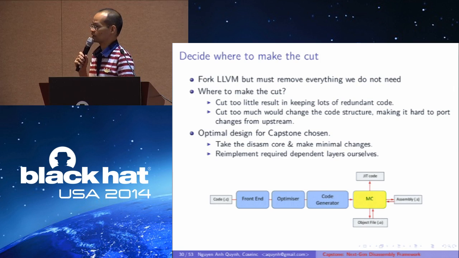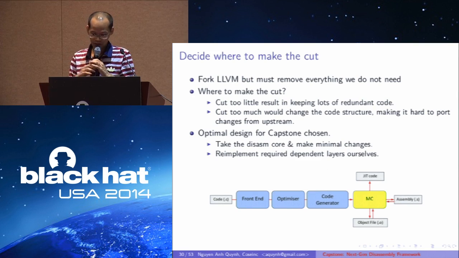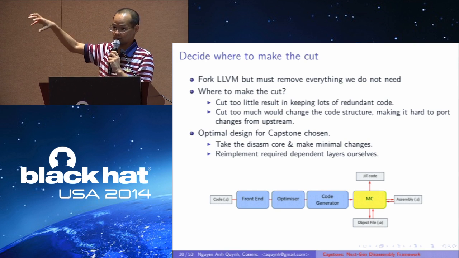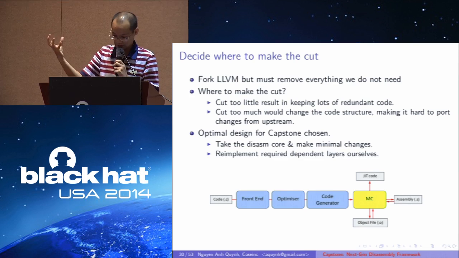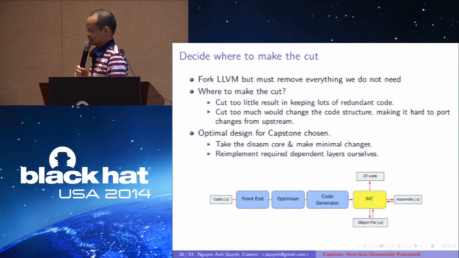So the point is where to make a cut. You need to get the yellow box out. But it is not only the yellow box, because if you get the yellow box out, you need to get a lot of other code out together. So the point is where to make the cut.